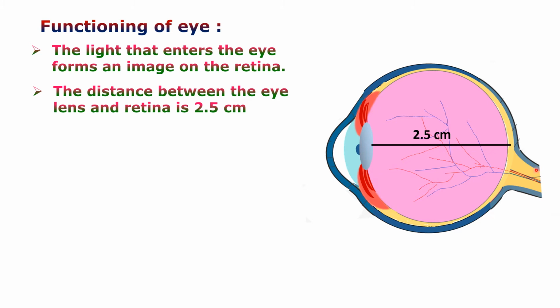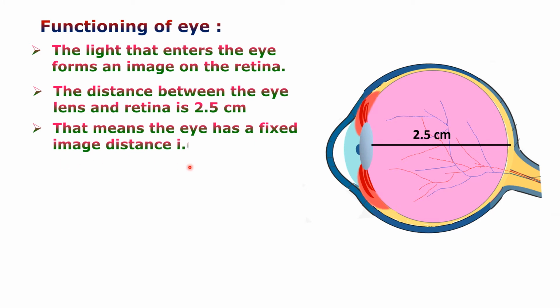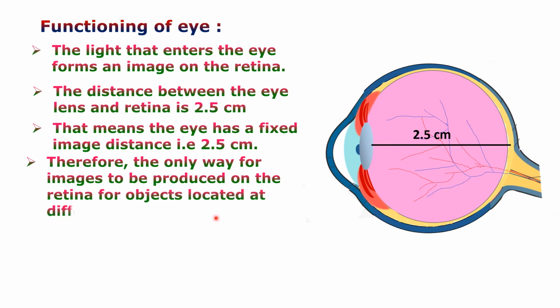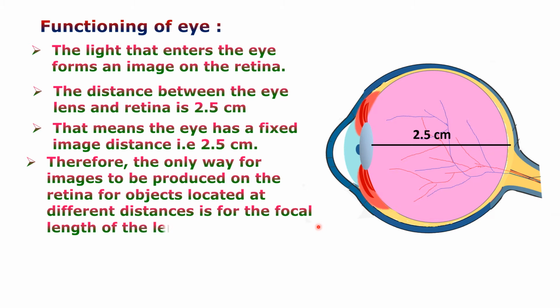See here, that means the eye has a fixed image distance, that is 2.5 centimeters. Therefore, the only way for images to be produced on the retina for objects located at different distances is for the focal length of the lens to be adjustable.